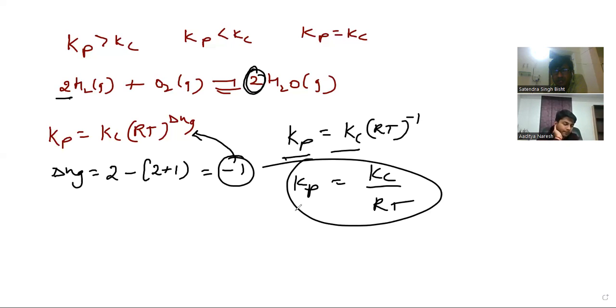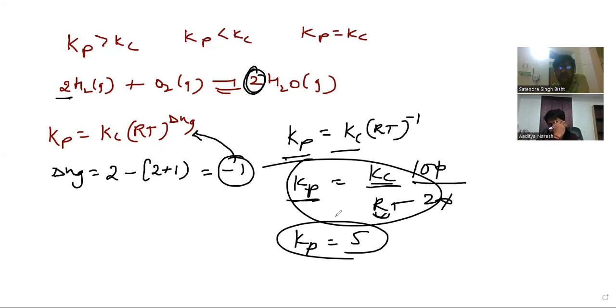Suppose the value of Kc is 100 and suppose RT equals 20. Then the value of Kp is 5. Which one is greater? Kc is greater.